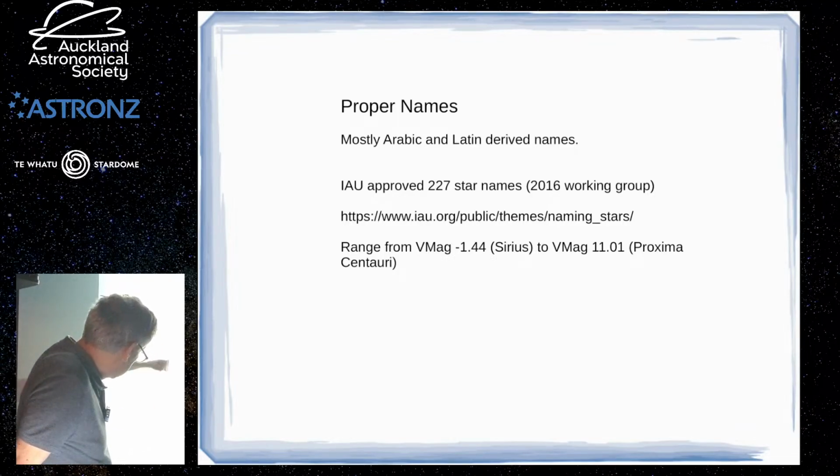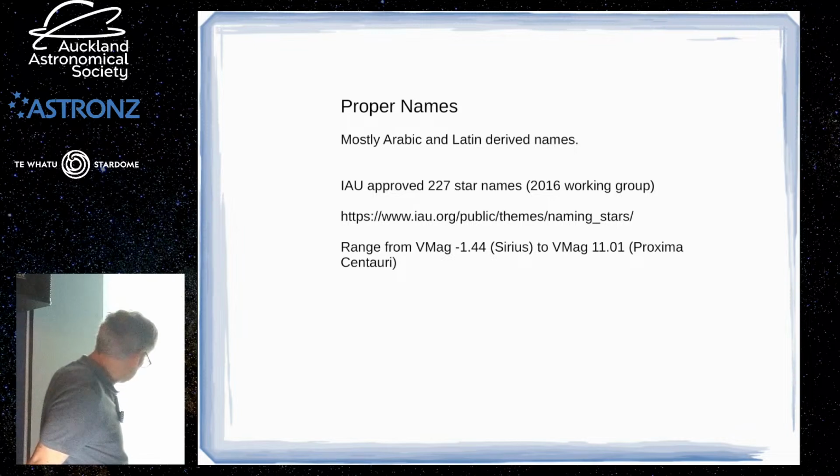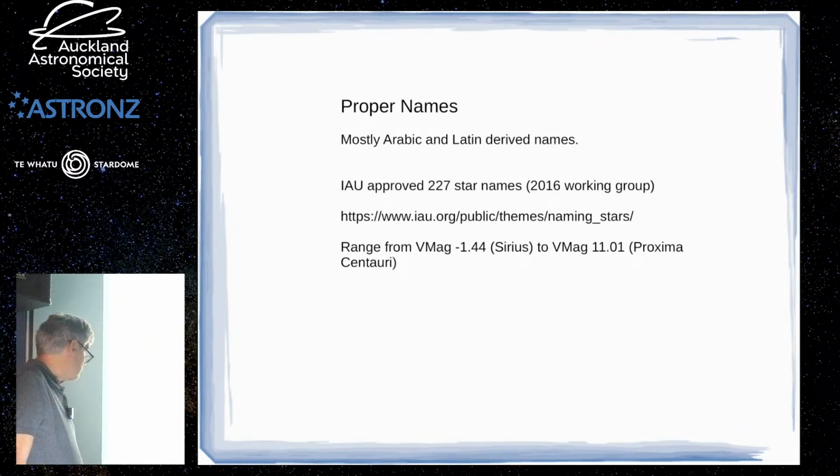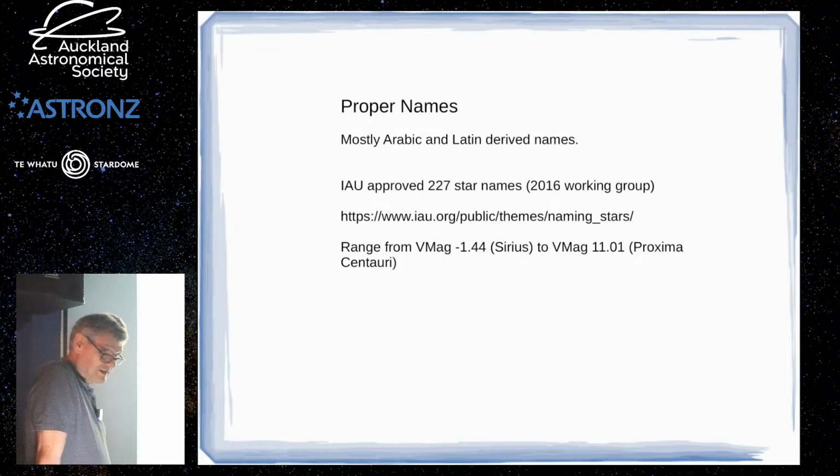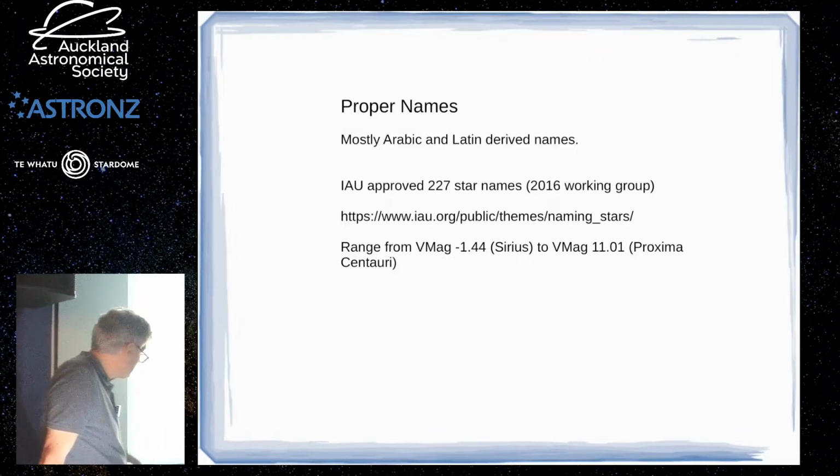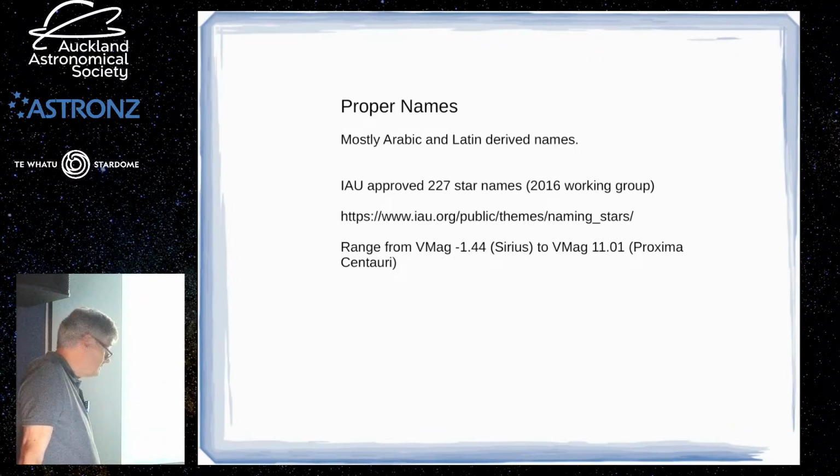And the visual magnitude ranges from minus 1.44 for Sirius to the faintest one, which you can't see with the naked eye. Seems a bit weird, Proxima Centauri. But the reason that was given a proper name is just because it's the closest star to us. So they decided it should have a proper name. And quite a lot of people were referring to it as that as well.